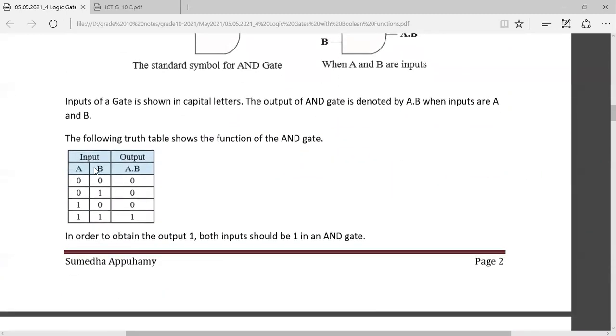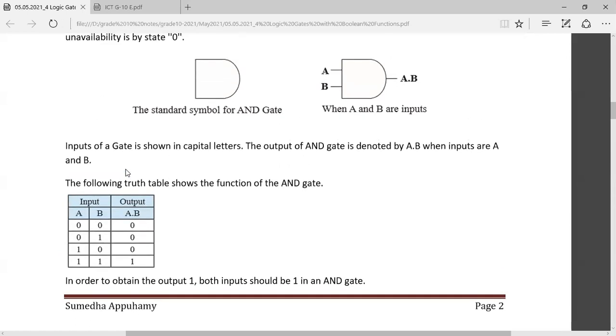Okay, now here you are using a table, right? So with the help of this table, you are representing the input combination and the output. This kind of table we are naming as truth table.